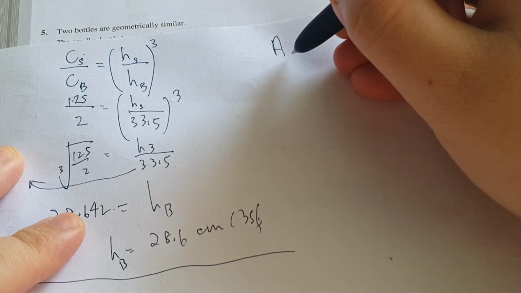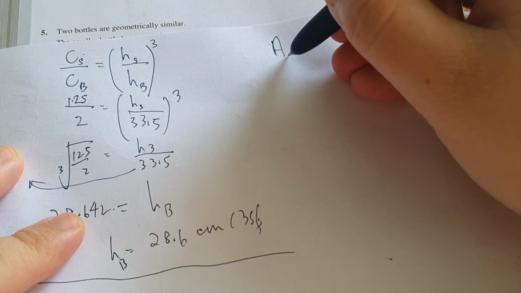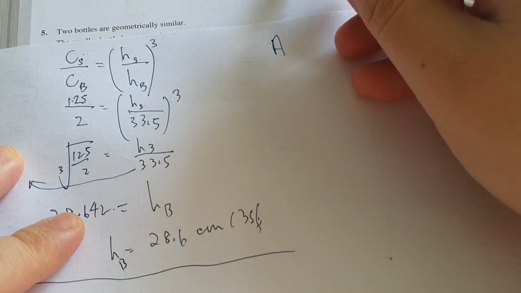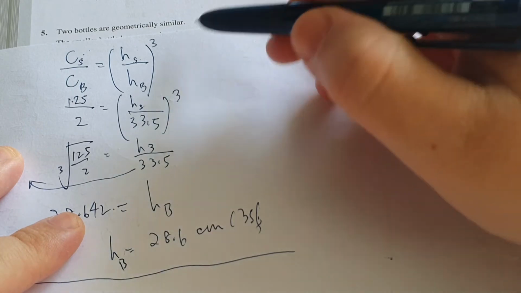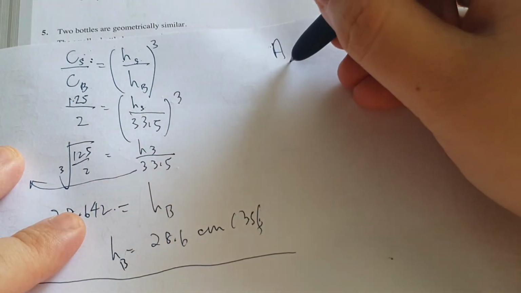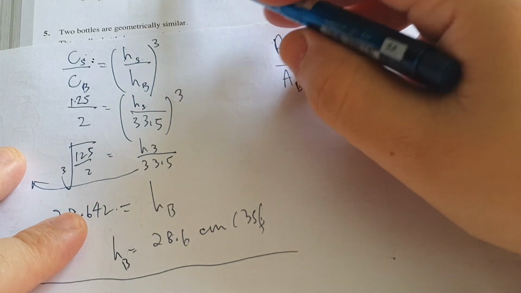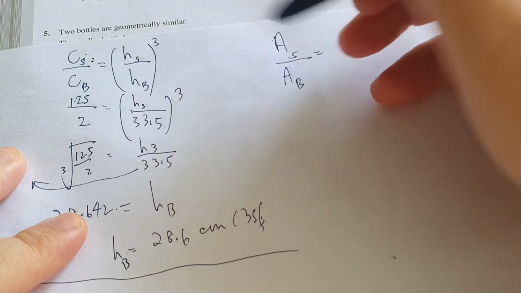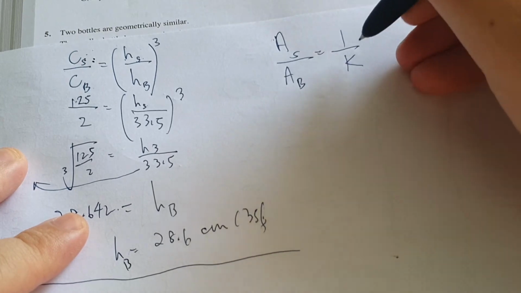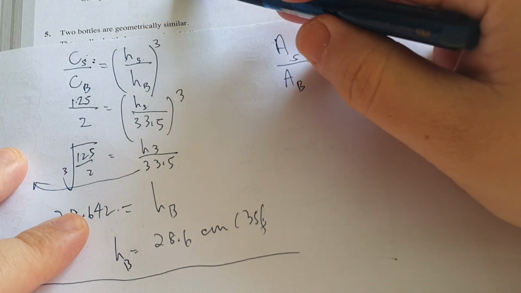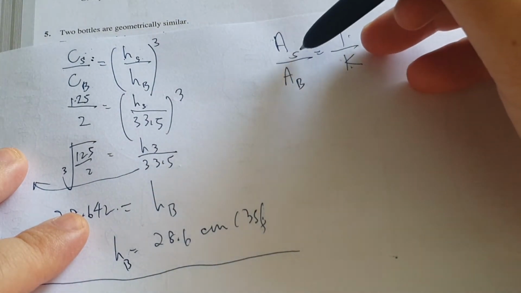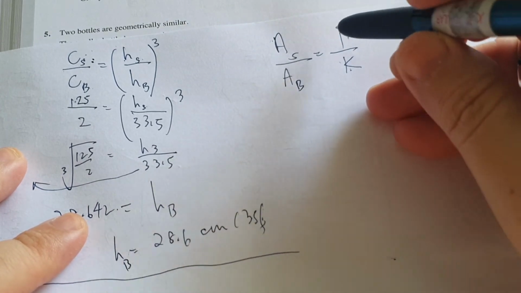Surface area of the larger one to the smaller one can be written as this. We follow this, small one over big one. This is big over small. We want small over big, 1 over k. Remember I told you ratio, always write it as a fraction, easier to manipulate, cross multiply.